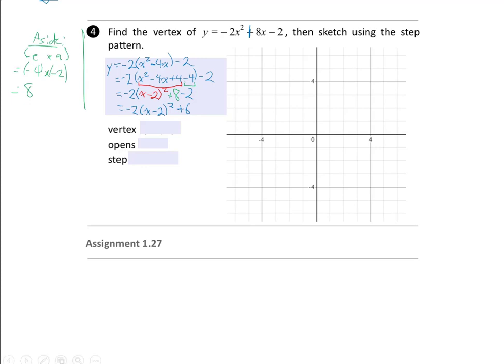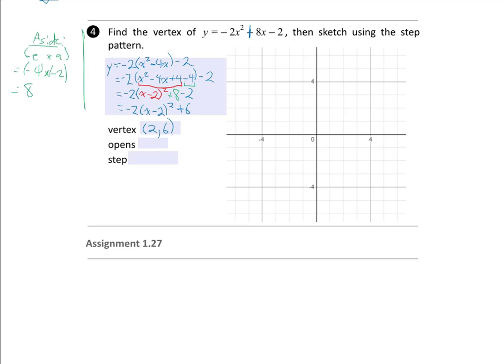Perfect. Now we just need to know what our vertex is. Well, our vertex, luckily, is given to us. Our vertex is positive 2 because x minus 2 needs to be equal to 0 to give us our x value of our vertex, and then positive 6 here. So we have 2, 6.